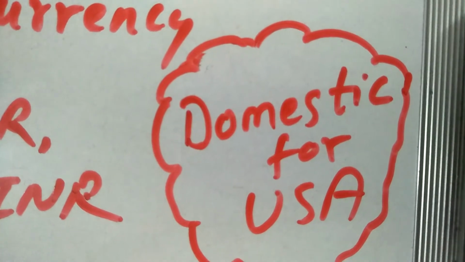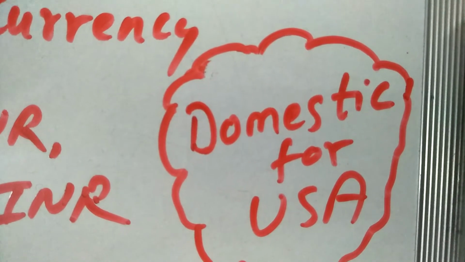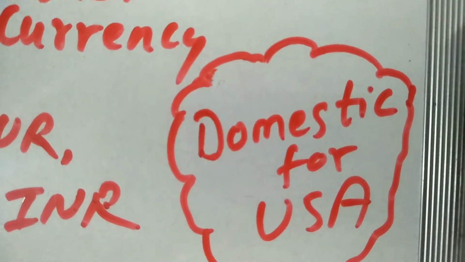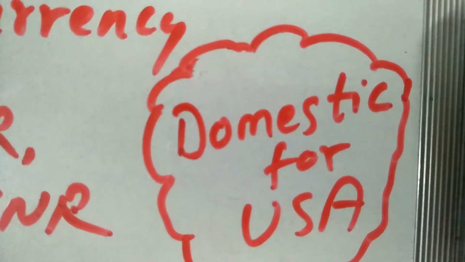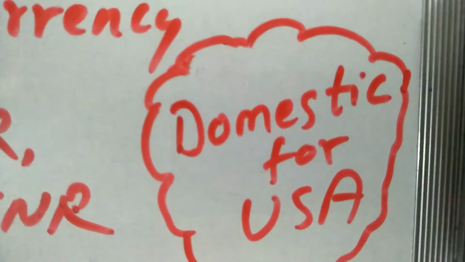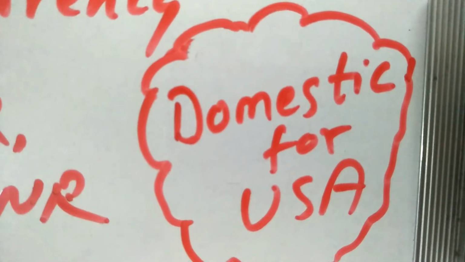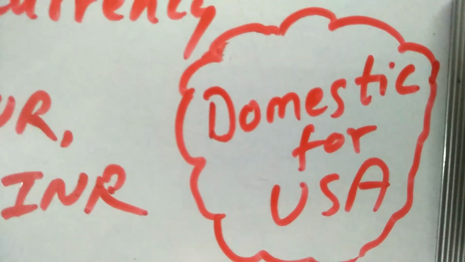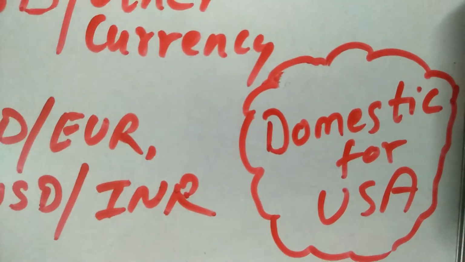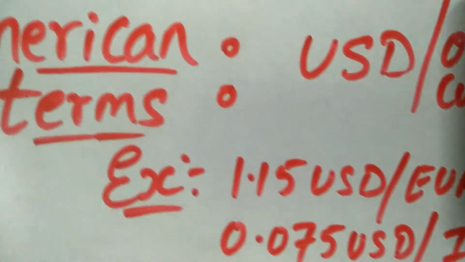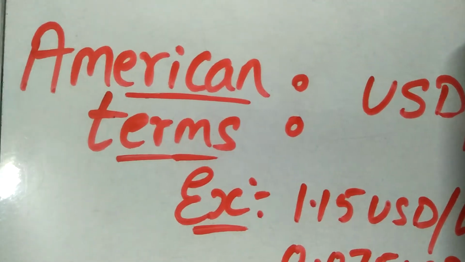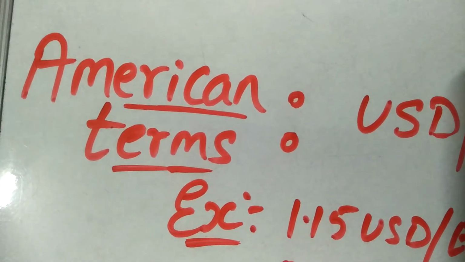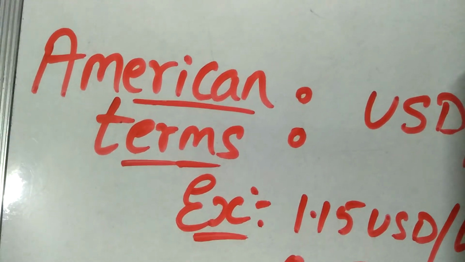When your domestic currency is USD, any quote that is written from the perspective of the citizens of USA, the direct quote for such a quote, would be called American terms. Yes, the direct quote for American people would be called American terms.